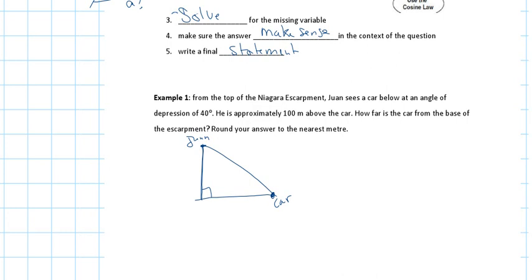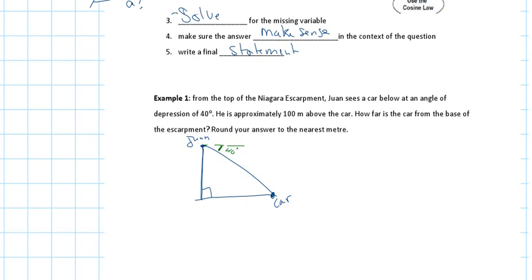So if one is standing right there and he's looking at the car, there is an imaginary horizontal line coming out of his eyes, and the angle of depression, which is this, is 40 degrees.